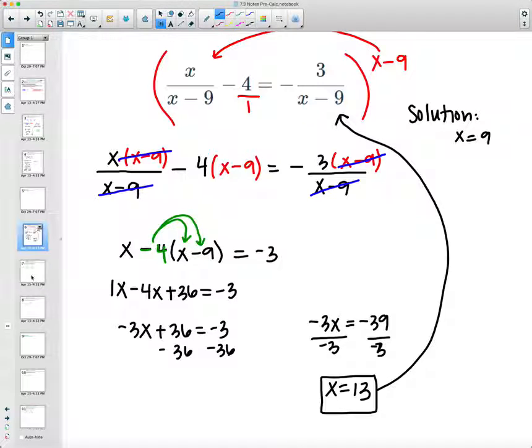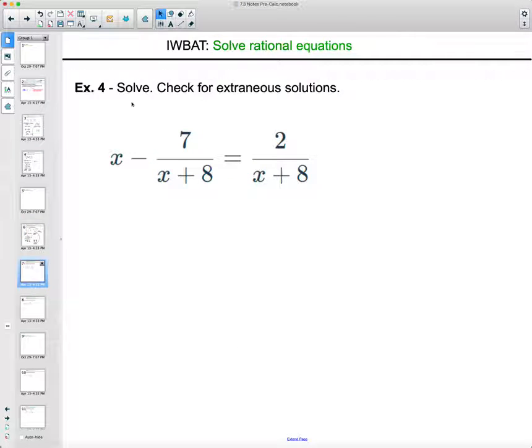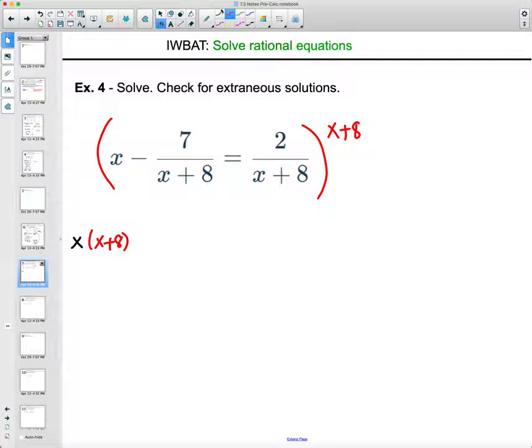Let's take a look at another example. Again, take a look at the denominator. In this case, we only see x plus 8, so we're going to multiply both sides by x plus 8. We're going to have x times x plus 8, and then minus 7 over x plus 8, where we multiply the x plus 8 in, and then 2 over x plus 8, where we multiply the x plus 8 as well.